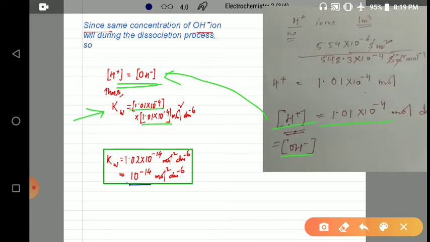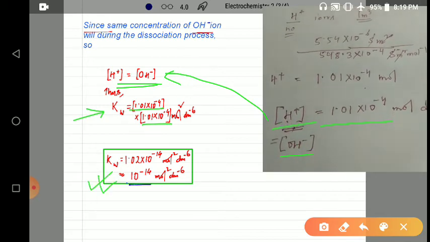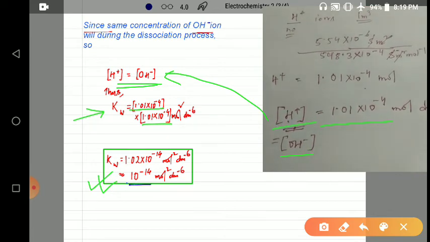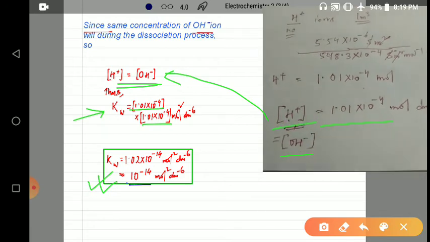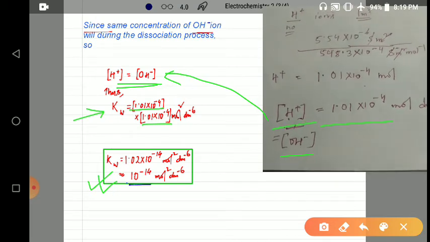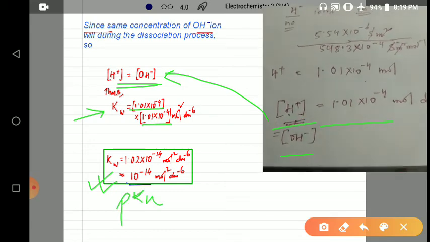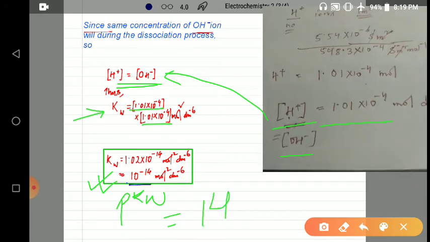Just put this value and we will get the Kw value as 1.02 into 10 to the power minus 14 mole square per decimeter to the power minus 6. So it is almost equal to 10 to the power minus 14, and we can also calculate pKw, which is just 14.